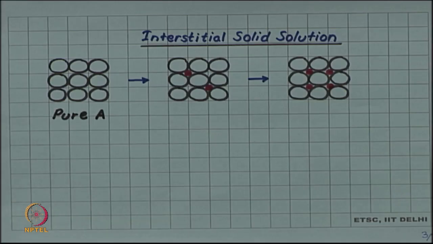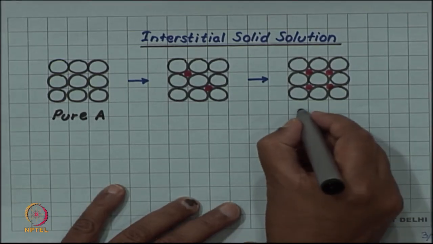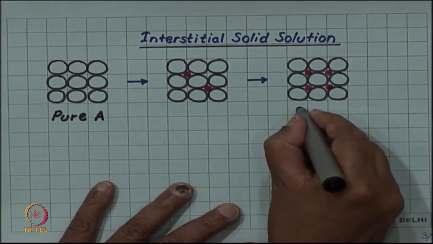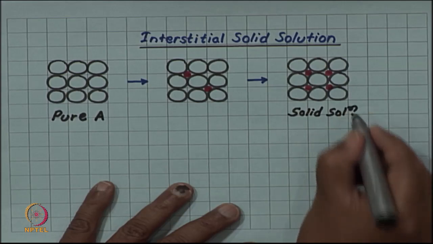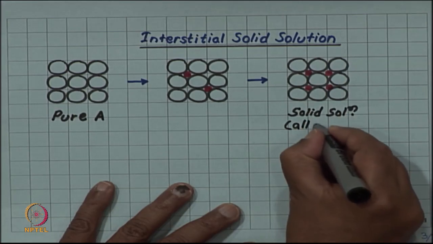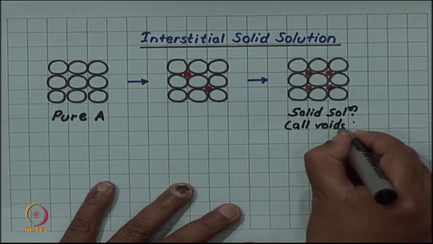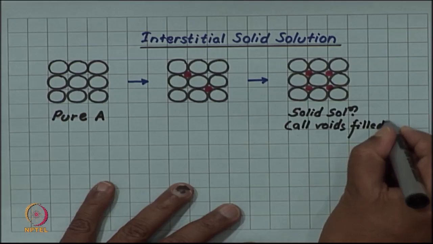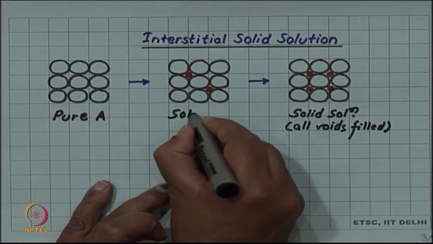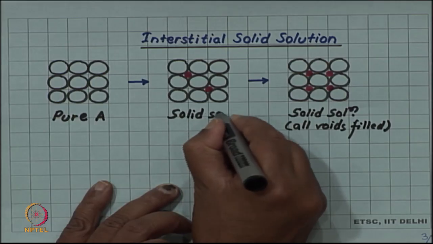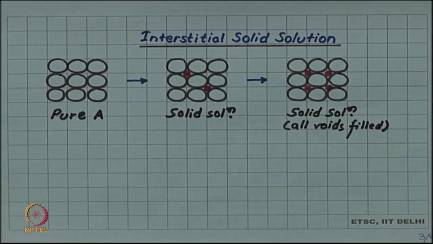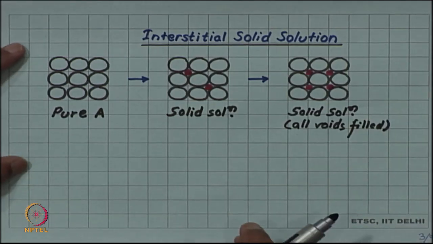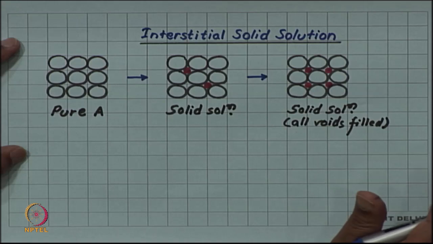So, we can call this a solid solution, all voids filled. This is also solid solution, but only some voids are filled. So, we can see that there is a geometrical upper limit. Once all voids are filled, it cannot accept any more solute.